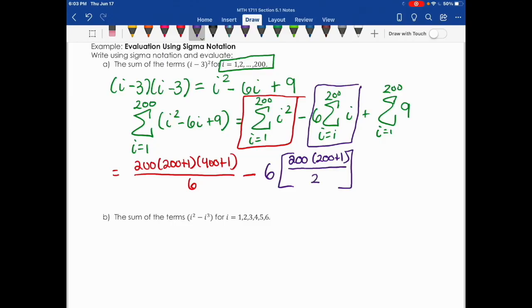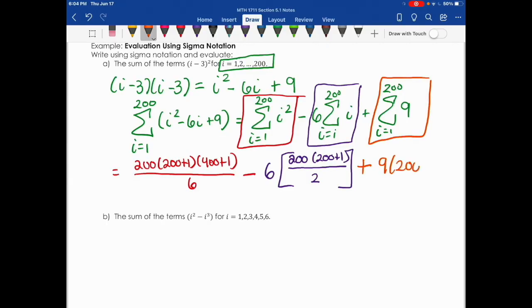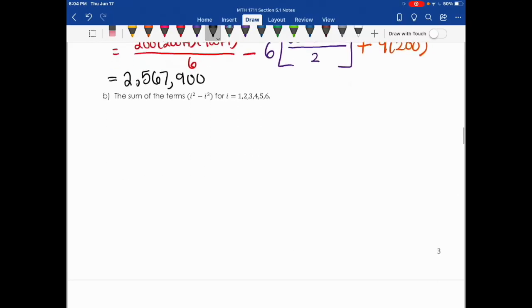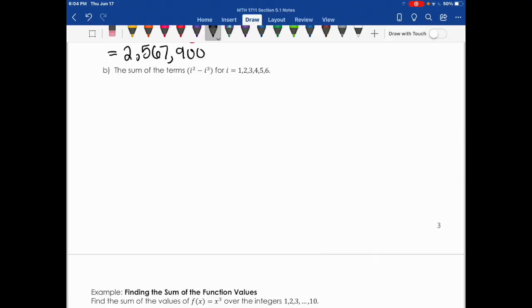Since n is 200, I'm going to have 200 times 200 plus 1, all over 2. Now for this last term, if I add 9 plus 9 plus 9, 200 times, that's just 9 times 200. When I work all of that out on my calculator, we're going to get 2,567,900. So that's our final answer. You can do that on the calculator too. If you have that summation notation option under your math menu, you might as well give it a try and see if you get the same answer.